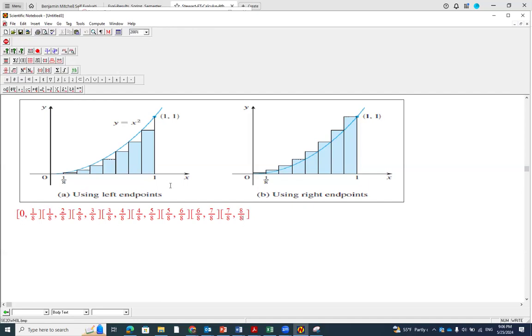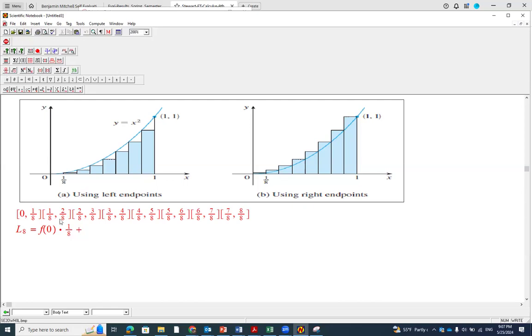If on each interval we choose the left endpoint, we're going to use L sub 8, equal to the sum of the areas. For the first interval, the height is going to be f of 0 multiplied by the width of the rectangle, which is 1/8.